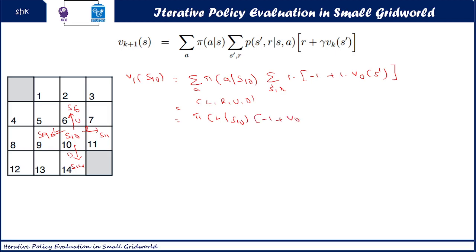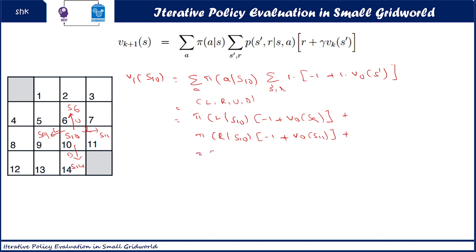S9, because from S10, when you take the left action, we reach S9. Plus the probability of right action from S10, reward minus 1, V naught of S11, since the right action reaches S11.